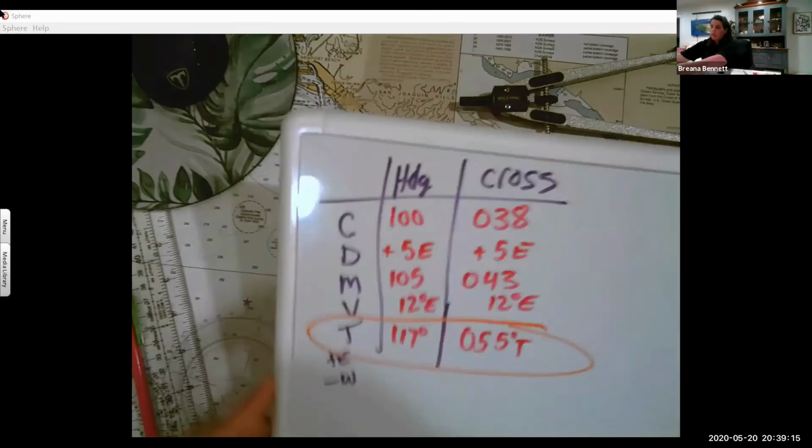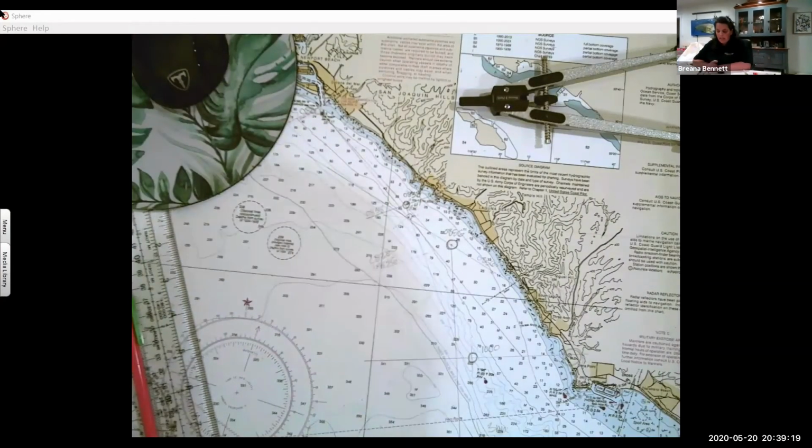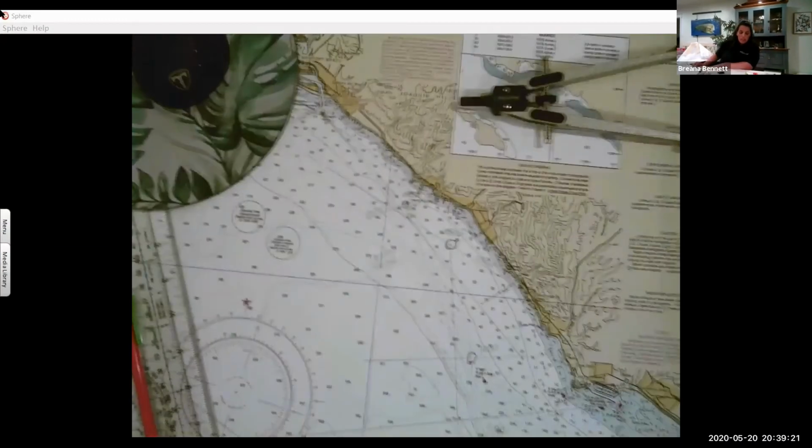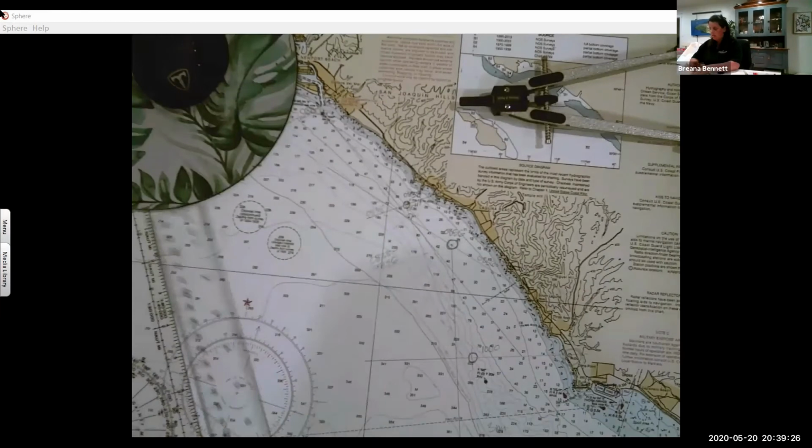So we have our 2 lines of position here. One, we didn't get an actual number. We just got a visual range. So how do we plot that?